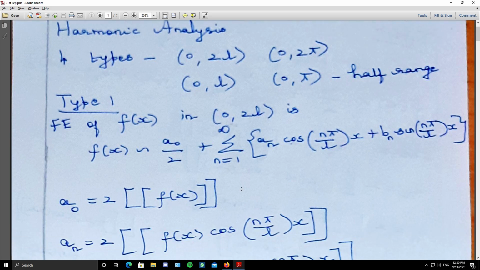We will find the Euler's constants using the mean value property.